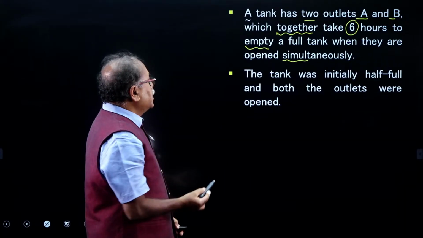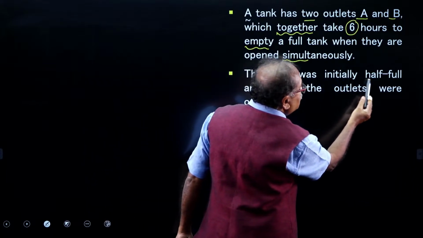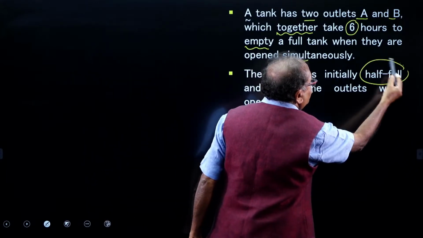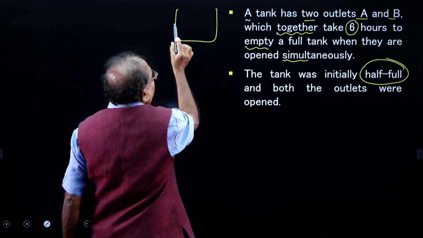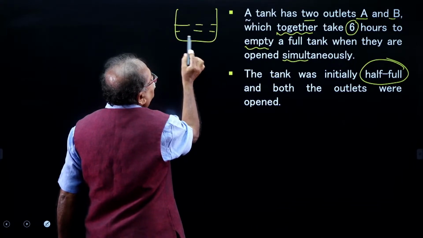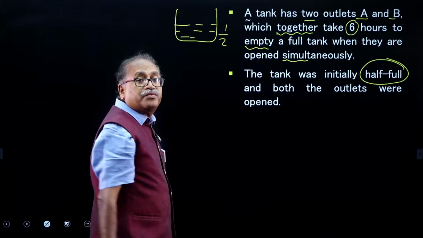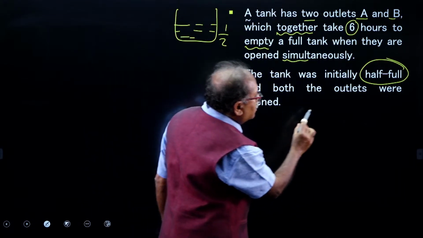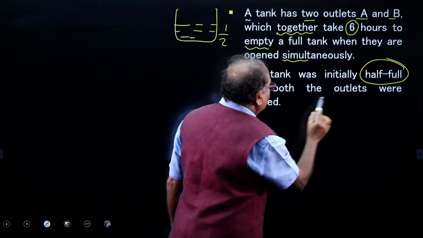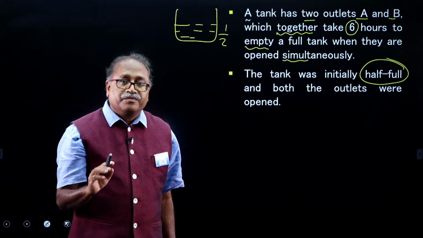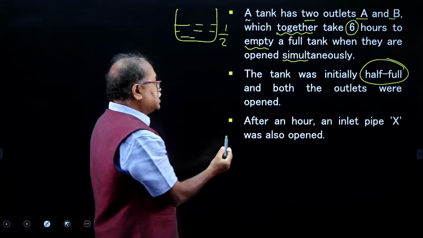What next here? The tank was initially half full, and both the outlets were open. What is the next part of the statement?